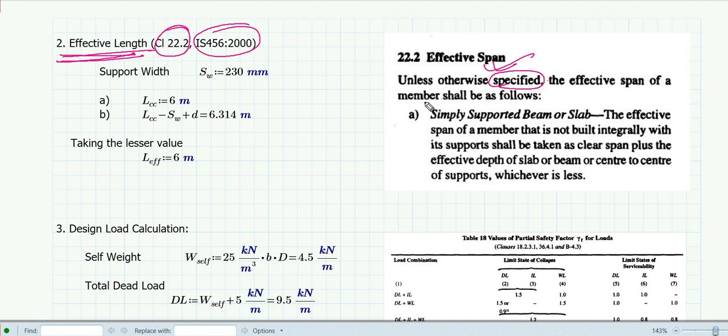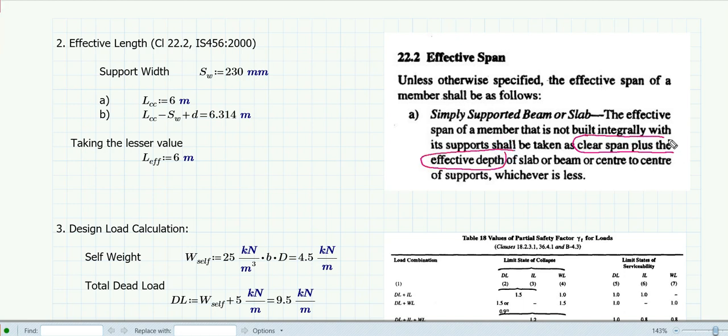The effective span of a member shall be as follows: simply supported beam or slab. The effective span of a member that is not built integrally with the support, which is our case, a simply supported beam, shall be taken as clear span plus the effective depth. Okay, first condition is clear span plus the effective depth.